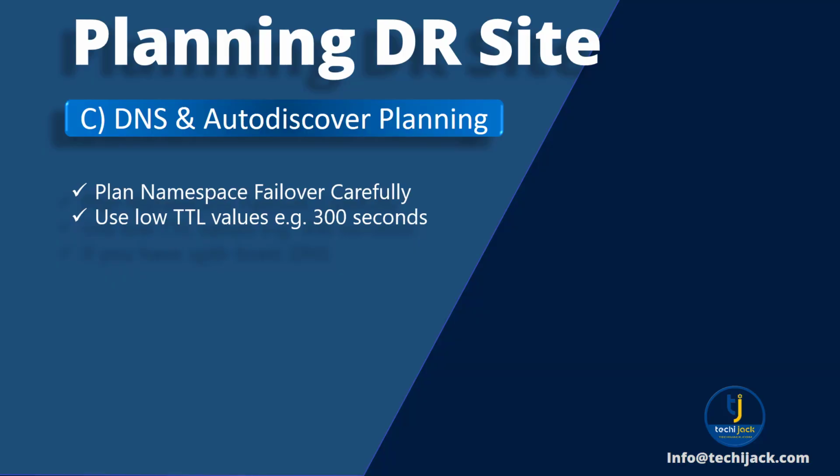You can use low TTL values, for example 300 seconds, to make DNS failover faster. And if you have split brain DNS, internal and external zones, replicate the same changes to the disaster recovery DNS servers as well. It will help when the primary Exchange IP is unreachable. DNS automatically redirects users to the disaster recovery site.